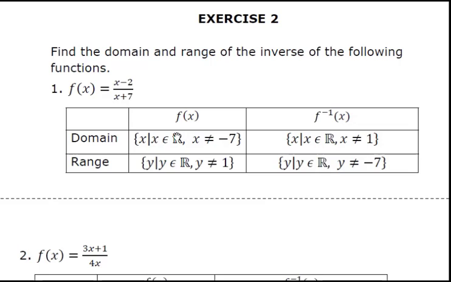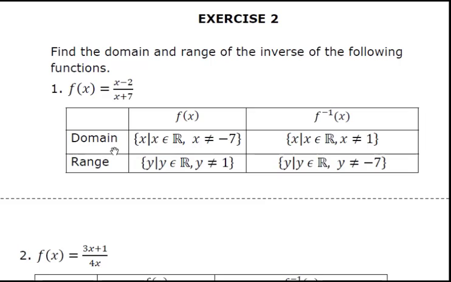By inspection, let's fill this up first. By inspection, setting x plus 7 equals 0 and solving for x, we have x equals negative 7. So for the domain of the function f of x, it should be the case that all real numbers except the value of x that will make the denominator of this rational function 0, and that is x should not equal negative 7.